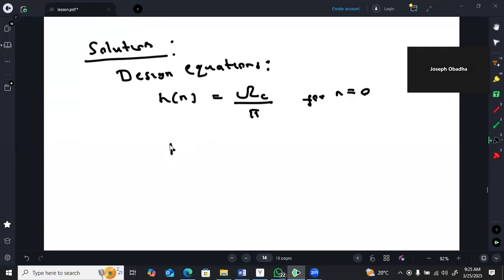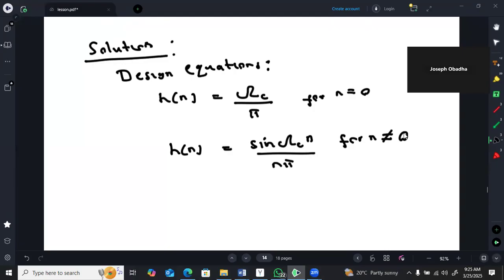And we have h(n) equal to sin(omega_c n) over n pi for n not equal to 0. So this will be our design equations for the low pass filter.